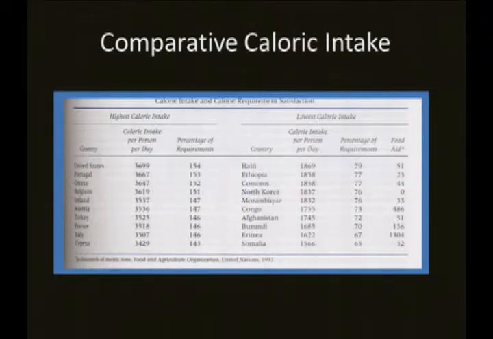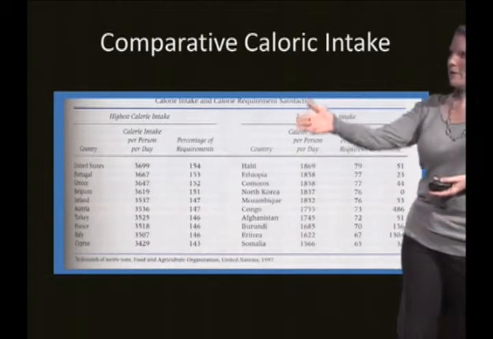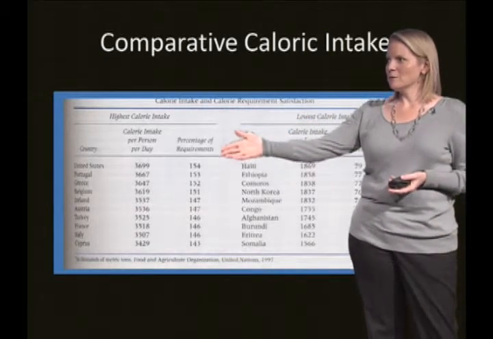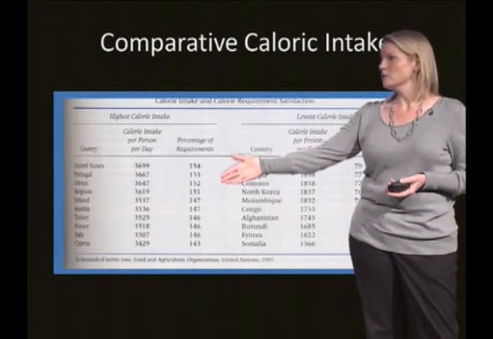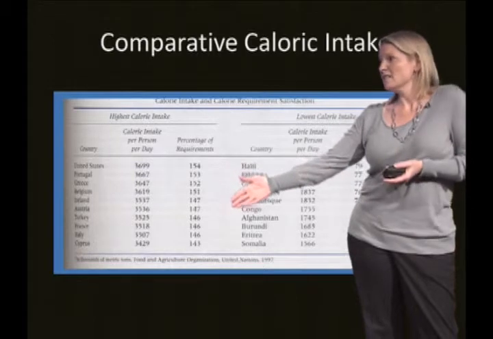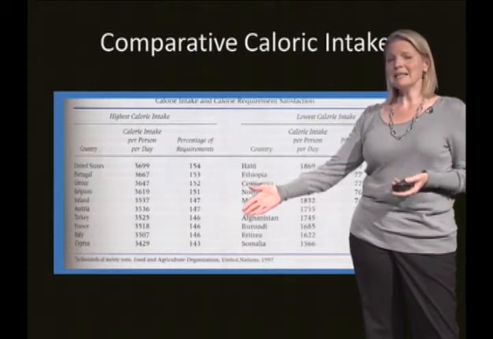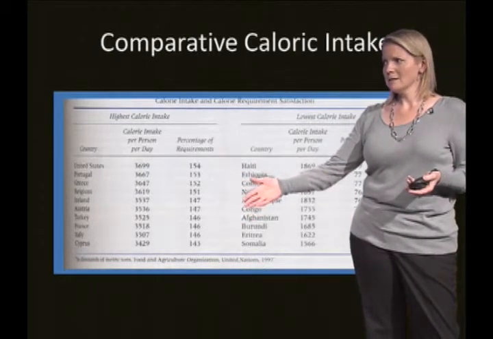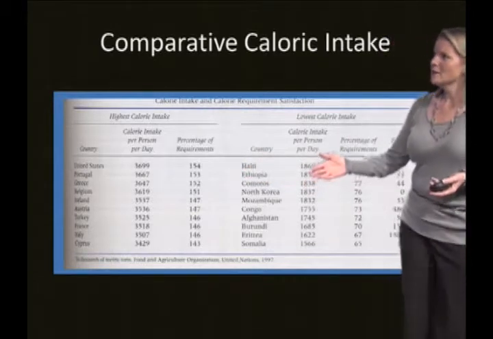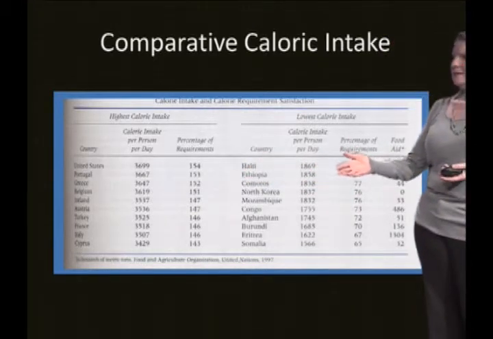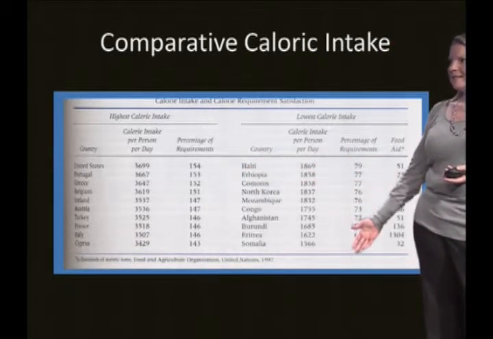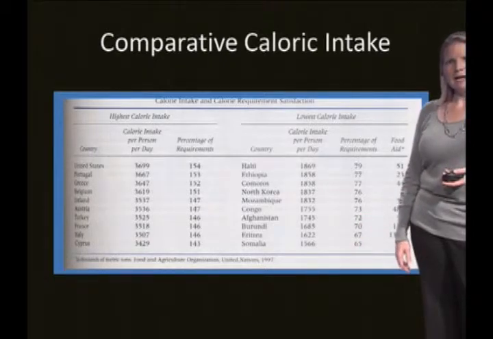So we can look at this and see the full spectrum, and obviously we see some general patterns. In this tabular format, we see the US, Portugal, Greece, Belgium, Ireland, all the way down to Italy and Cyprus, all exceeding 100% of our daily requirements. Contrast that with Haiti, or any of these others, at 79 to 65% of the necessary calories.